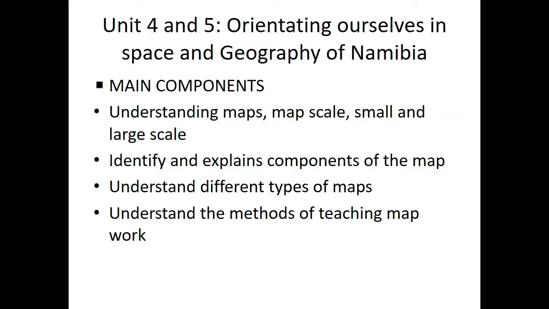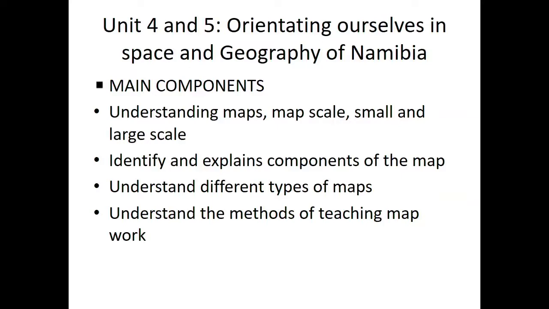I've already made a small reference about using maps of your constituencies or of your region to show students or learners what lies a few kilometers from where they are. As I said, students in upper primary are young people aged 10, 12, so they have not really gone far from where they are originally from.